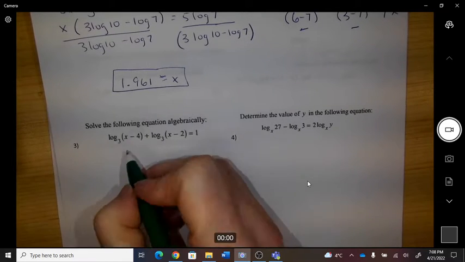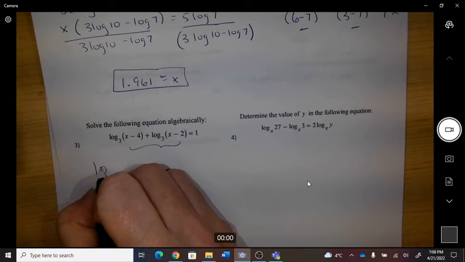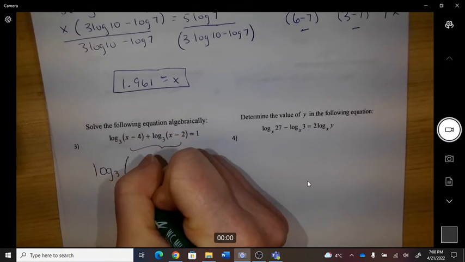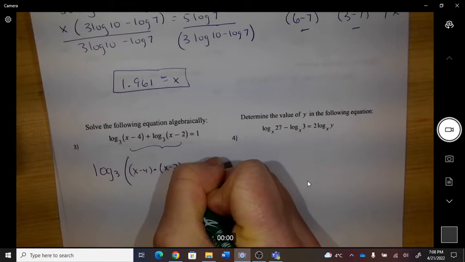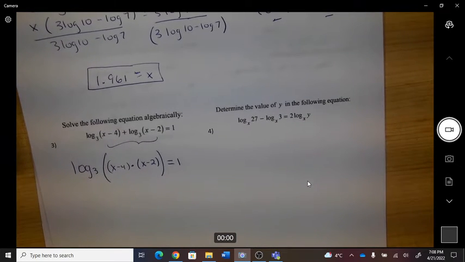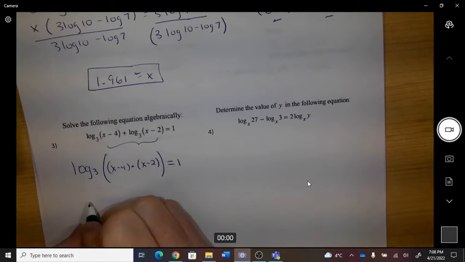Solving the following, so I'm going to collect those together with the rules. So log 3 split with addition means I'm going to put them together with multiplication. So I'm going to now take the log expression, base, result, exponent, and change it into exponential.